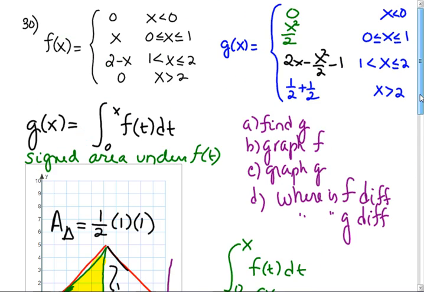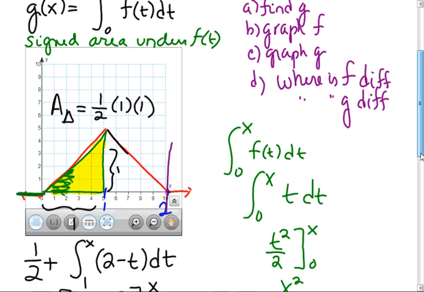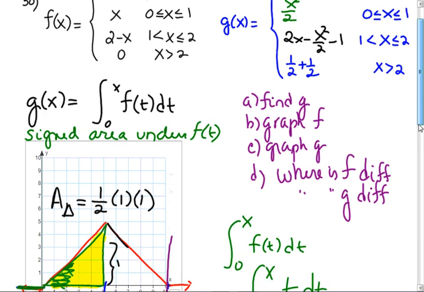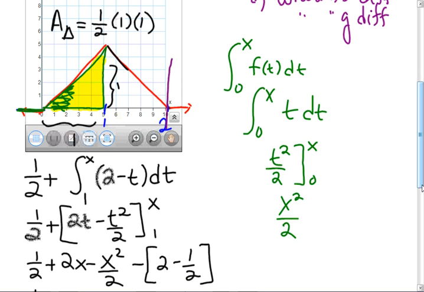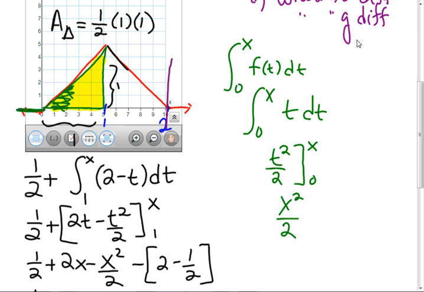Okay, now, Alex, you want to graph that? G, which is the area starting at 0. Pick a color. You can go up here and pick a color. You can use a crayon, too. There's a crayon. But here's the colors. No, you have other crayons.